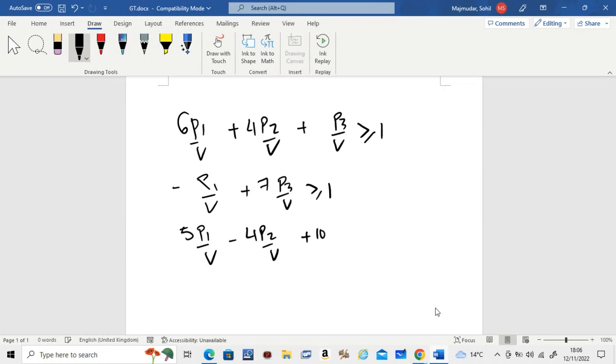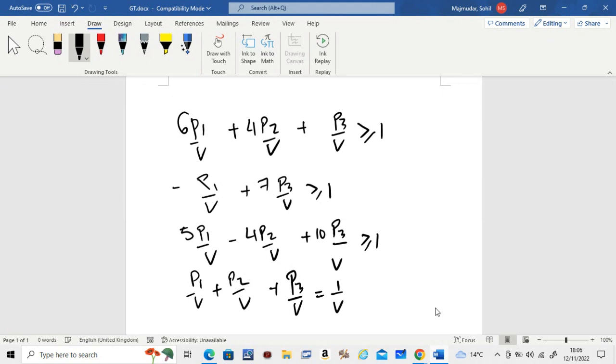We're dividing everything by V, just in case you're wondering what's going on. And P1 over V plus P2 over V plus P3 over V equals 1 over V.